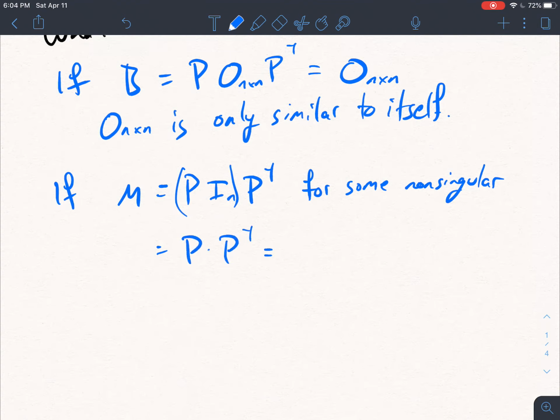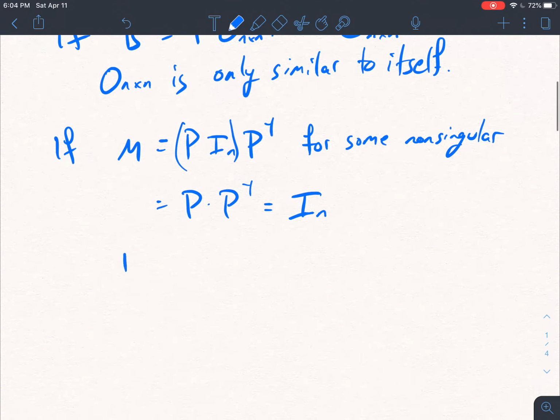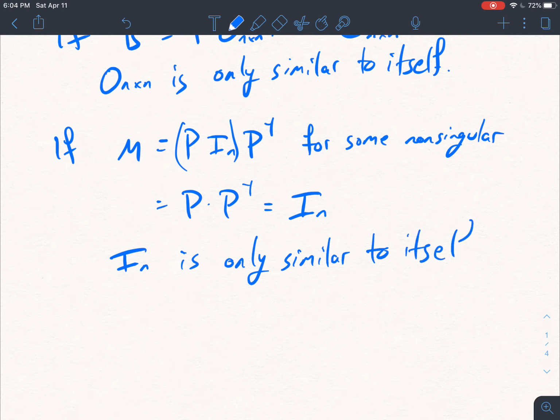So let's multiply P times the identity first, and that's equal to P. And I'm left with P times P inverse. And this is equal to the identity matrix because they're inverses of each other. And so the only matrix similar to the identity matrix is the identity matrix itself. So the identity matrix is only similar to itself. Same sort of behavior as the zero matrix.